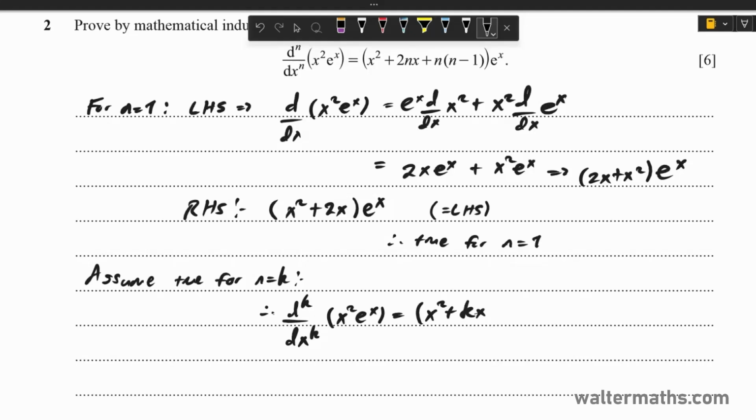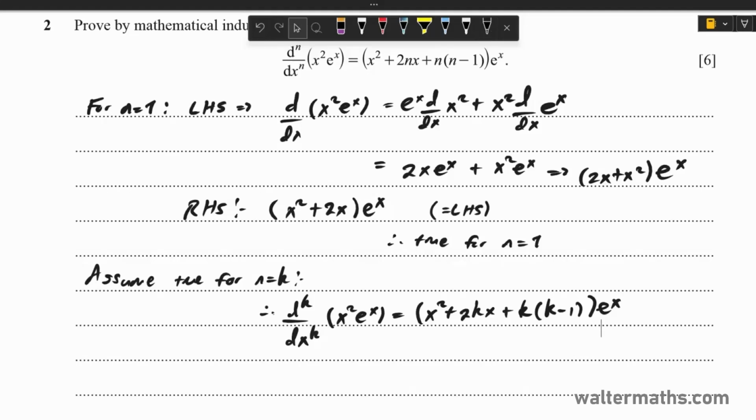Okay, let me correct that. So it's plus 2kx plus k of k minus 1, all of e to the x. Actually, everything is of e to the x. So this is what we have for d to the k when n is equal to k.